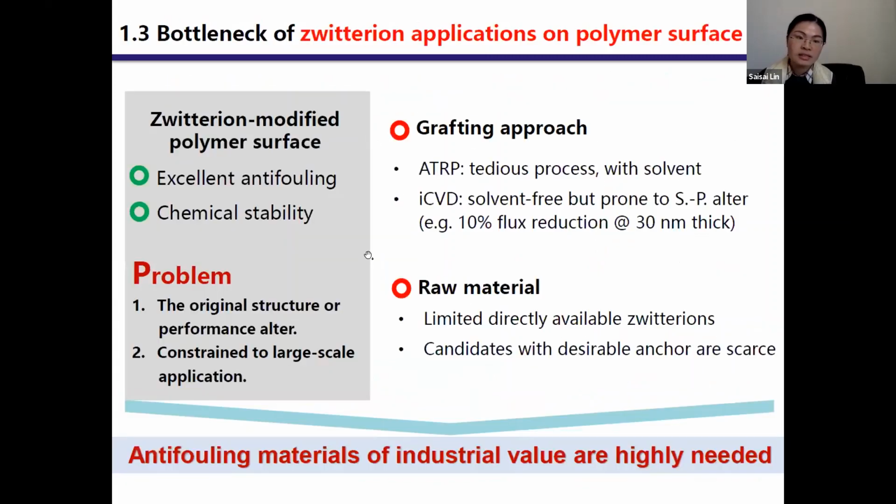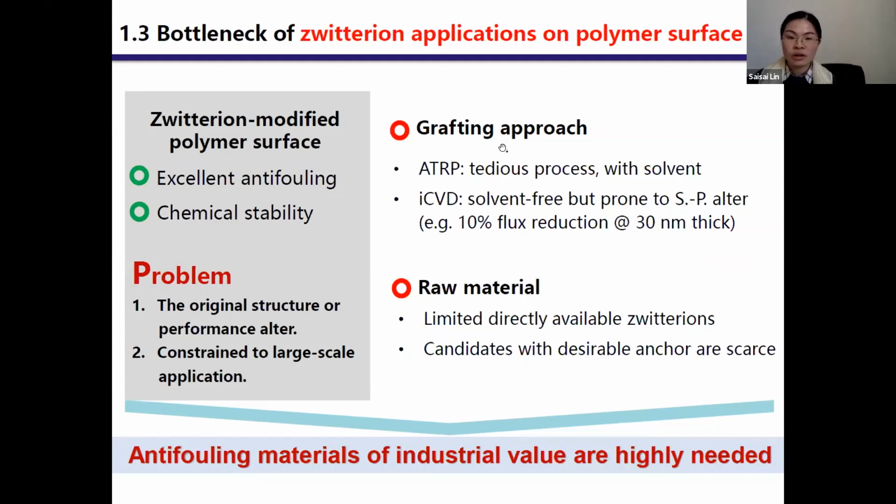Currently, its application in the non-fouling area has been extensive and chemically stable, but there are some issues on delicate polymeric surfaces, because the problem stems from the grafting approach and the raw materials.